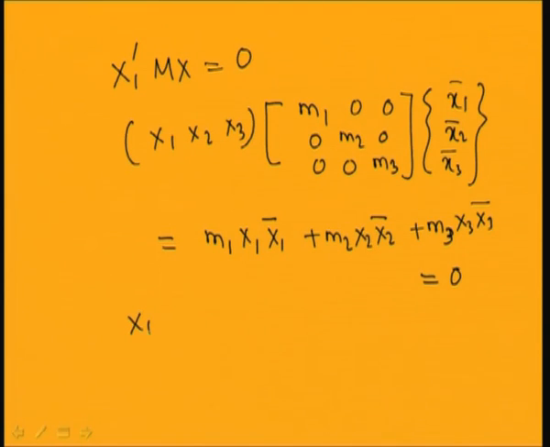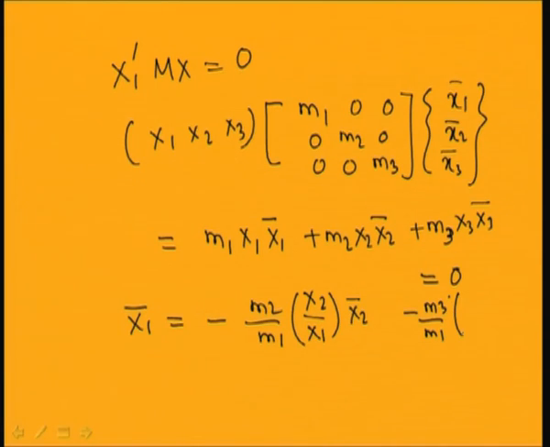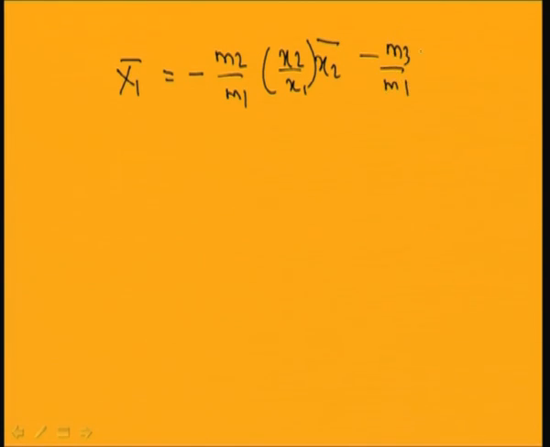Okay, so I can write x1 bar equal to minus m2 by m1 into x2 by x1 into x2 bar, minus m3 by m1 into x3 by x1 into x3 bar.